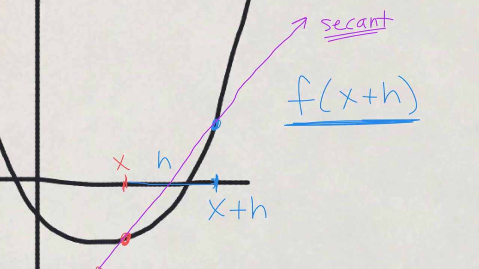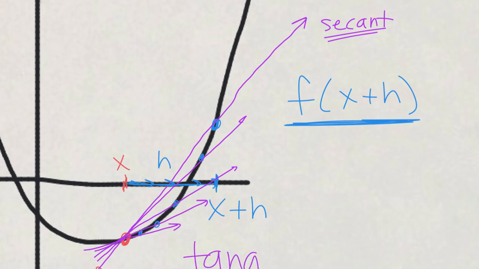So what we're going to do here is shrink down this h length. We're going to make it smaller and smaller and smaller, so our coordinates are going to come in closer and closer to our actual value of x. That's going to bring our secant line in more and more until we are close enough that it becomes a tangent line.